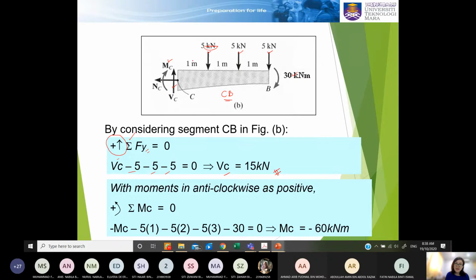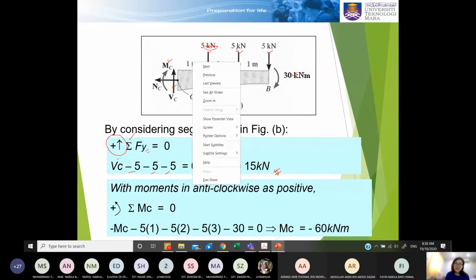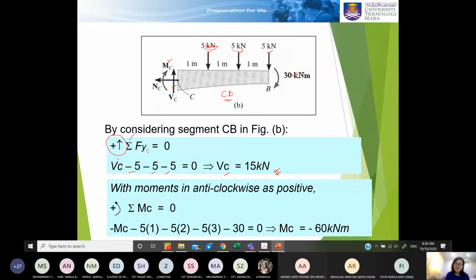This 5 multiplied by the distance 1, and then the other 5 kilonewton multiplied by the distance to C, which is 2 meter, and then the next 5 kilonewton with distance to C of 3 meter. Therefore you have 5 times 1, 5 times 2, 5 times 3.